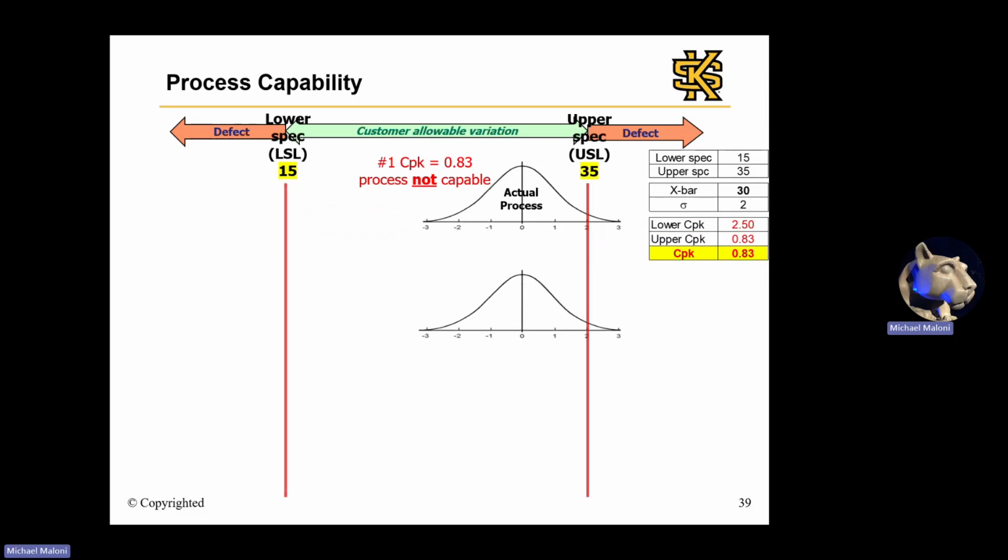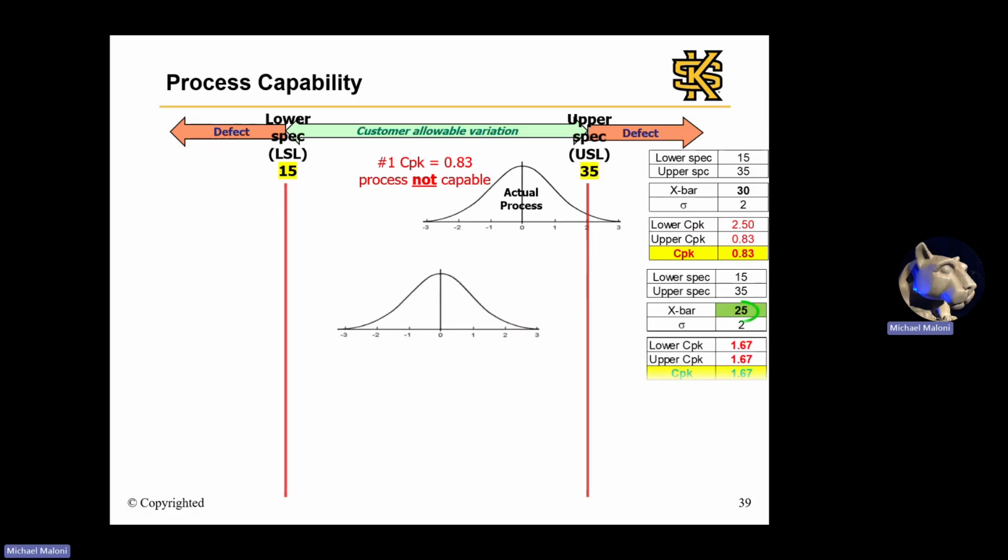Okay, so let's apply some lean, including Tim Woods, to fix it. Specifically, we notice that the actual average of 30 minutes is a bit too long. So we conduct a Kaizen blitz and we knock the mean down to 25 minutes. And that will shift the process down to the middle of customer specs. With the new mean, the lower CPK is 1.67, which is still good.